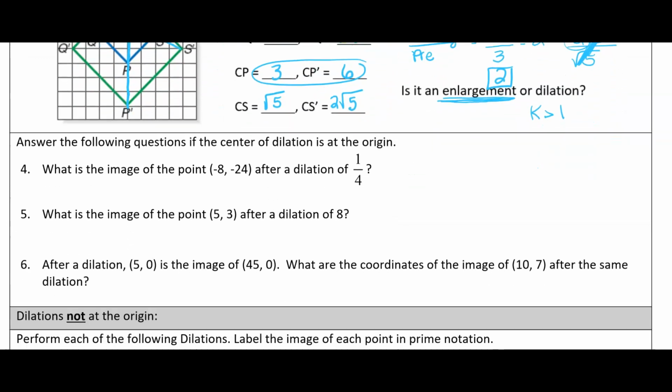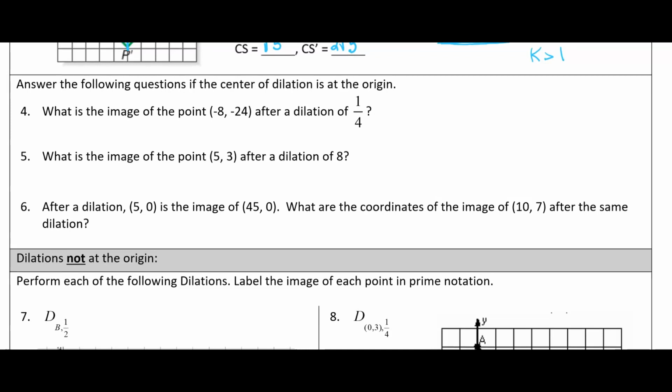Now, moving on to number 4. It says, answer the following questions if the center of dilation is at the origin. Now, again, everything's at the origin, so everything is following just the simple scale factor. Question 4 says, what is the image of point -8, -24 after a dilation of 1/4?